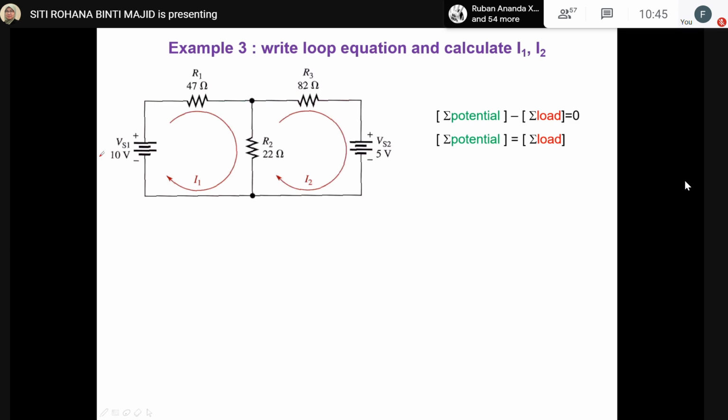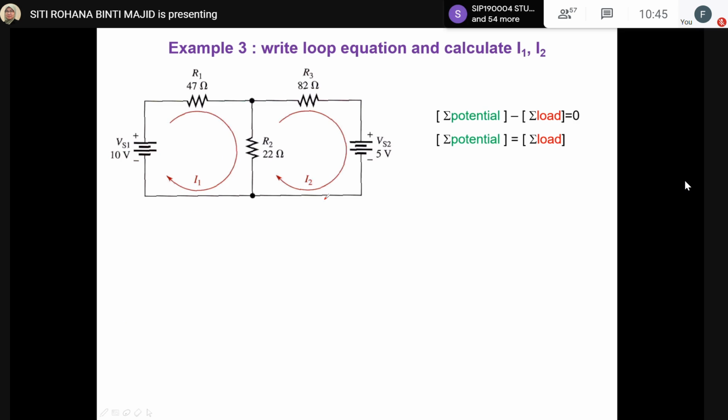Okay, so we proceed with the third example. Now we want to practice how to write a loop equation, and also for this question we want to calculate I1 and I2.